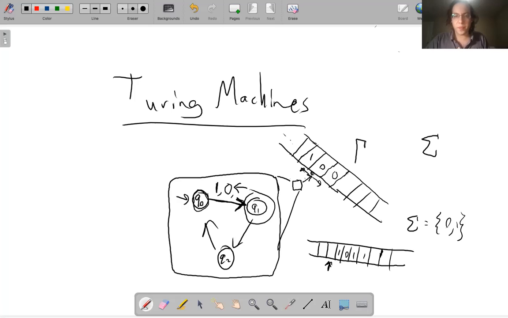But the one nice thing about Turing machines is that they end up being extremely powerful. We don't prove this overly formally in this course, but you can use Turing machines to simulate many other devices. So let's talk about that a little bit.